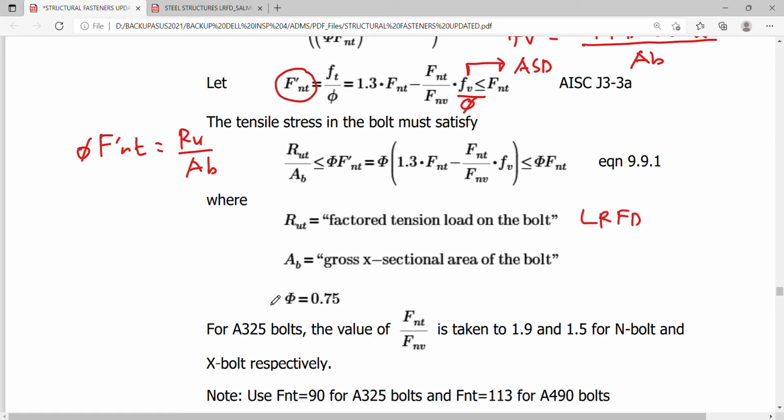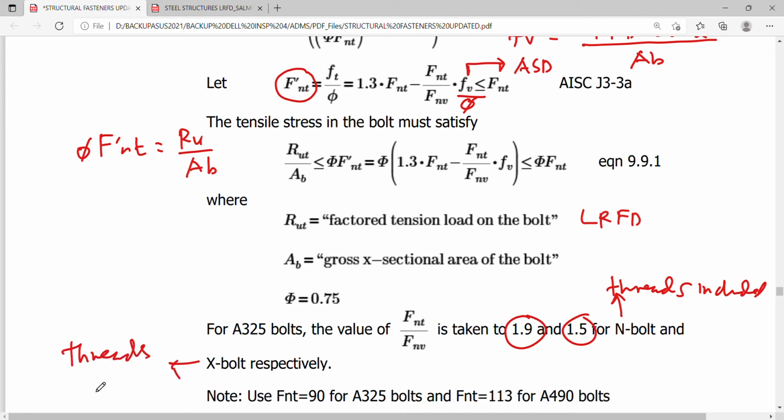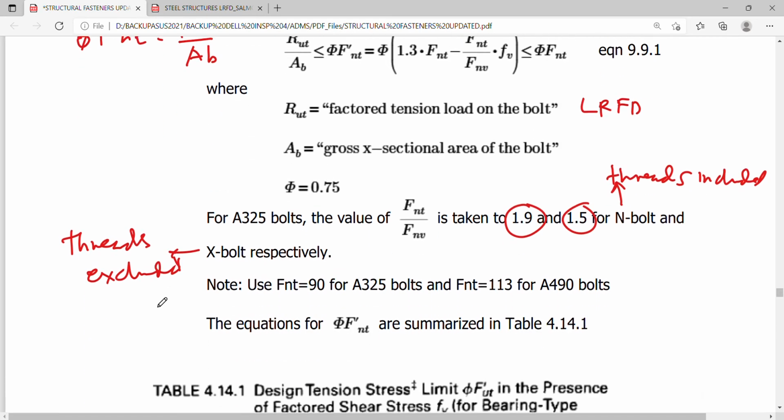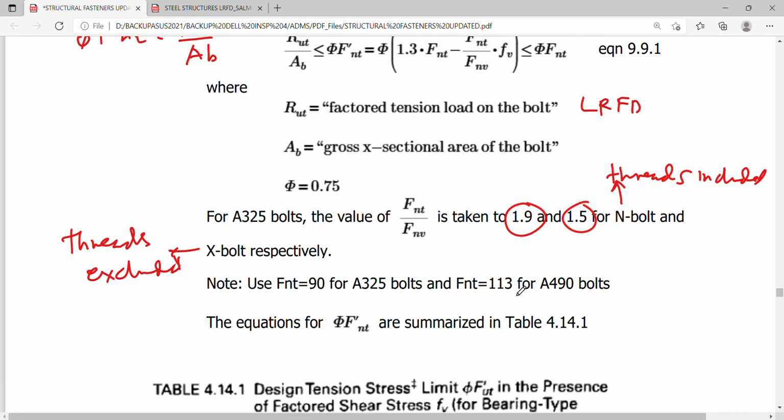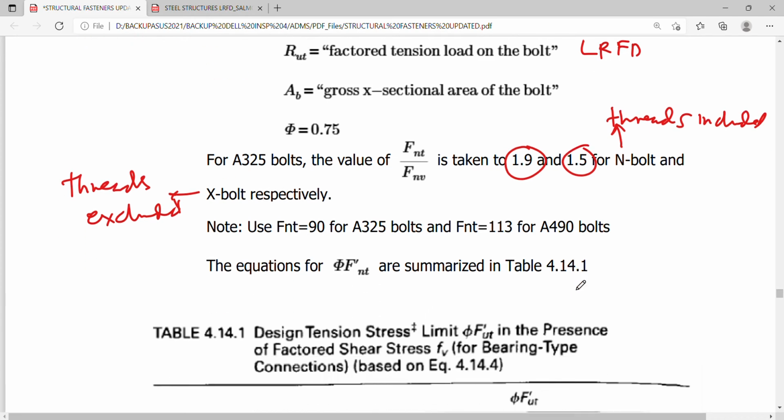So for an A325 bolt, the value of Fnt over Fnb is taken as 1.9 and 1.5 respectively for N bolt and X bolt. Again, N means threads included, and X here means threads excluded. So note that if you use Fnt equal to 90 for A325 and 113 for A490 given on the table, the equations of phi f prime nt are simply summarized in this table below.